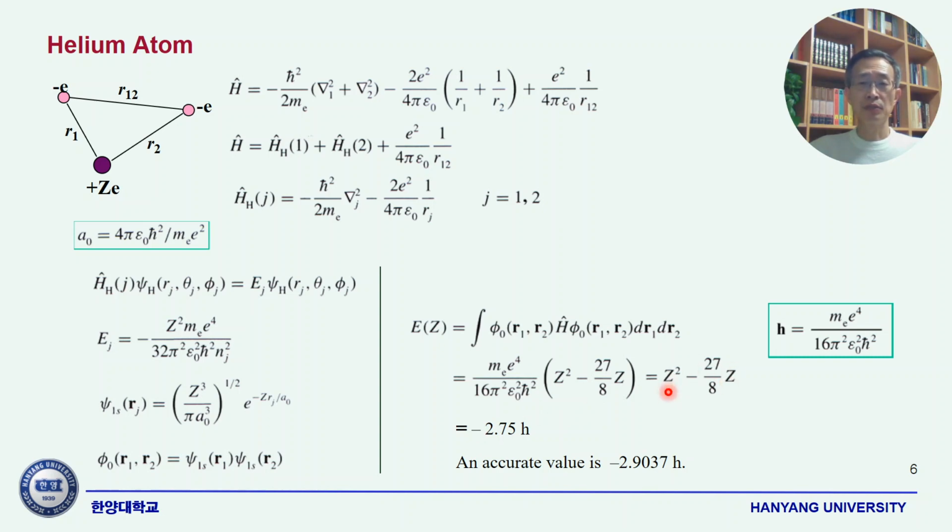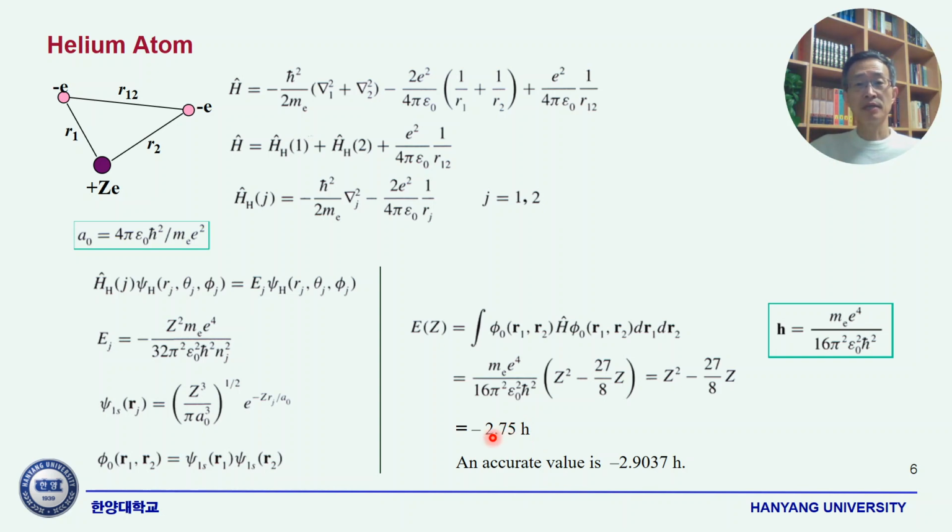So we substitute Z equal 2, which is the charge of the nucleus, and now we get minus 2.75 H. H is Hartree. Those are all constants, and that is the name of this product or division. This constant is the Hartree, an energy unit in atoms and molecules.